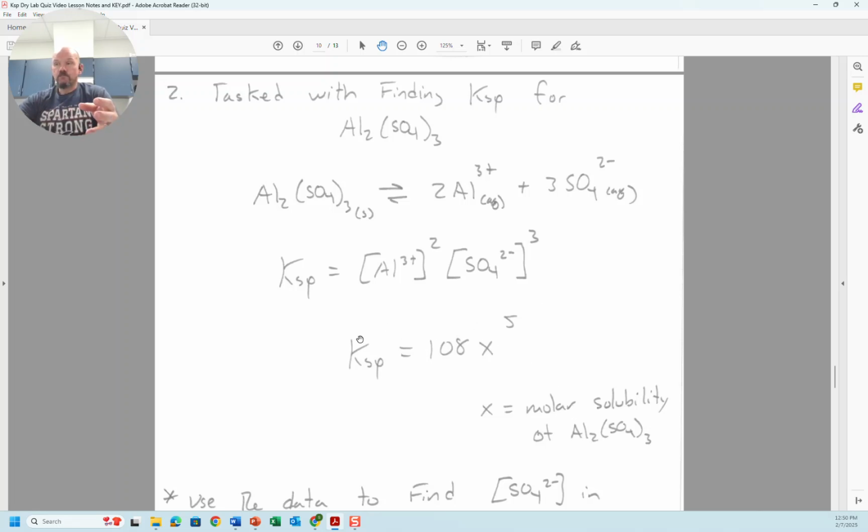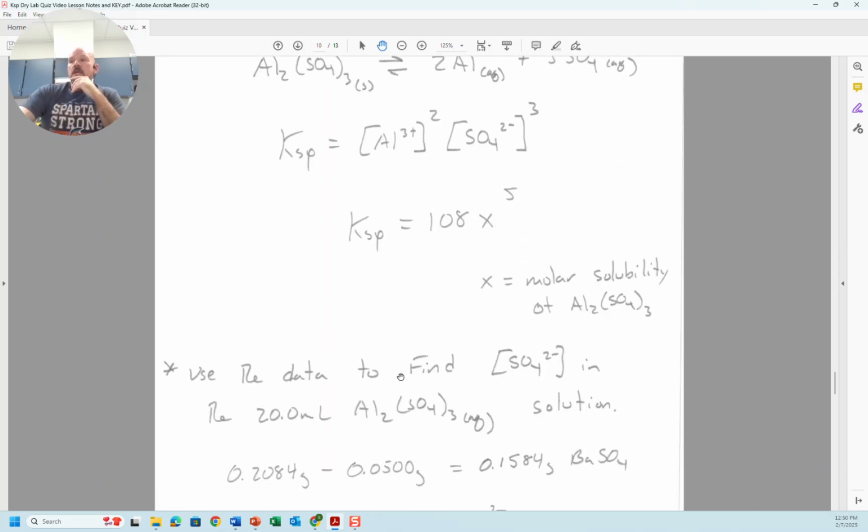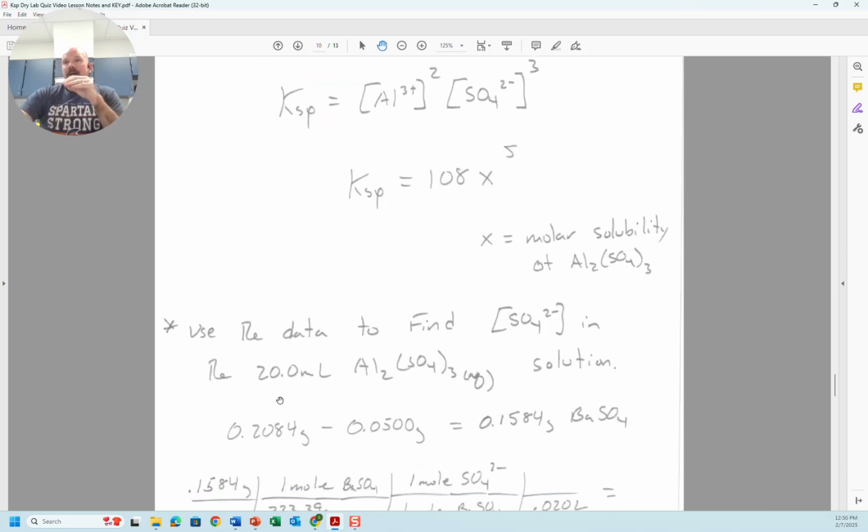Okay? All right. But again, that's our goal. We've got to figure out the KSP value. So we're going to have to figure out these numbers and plug them in, or figure out what that number is and plug it in. Okay? Now, for this data, probably the easiest way to go is using the data to figure out the molarity of the sulfate in the aluminum sulfate solution.